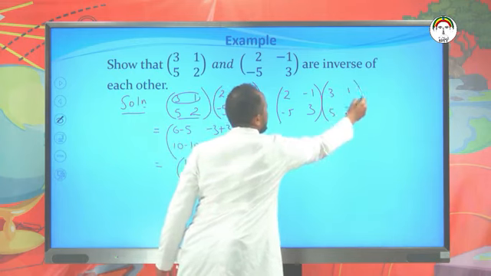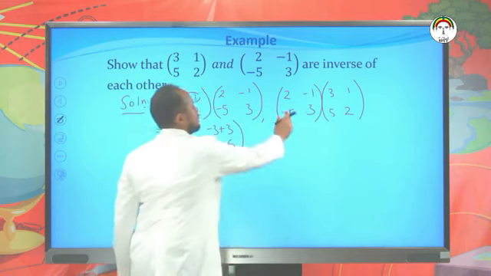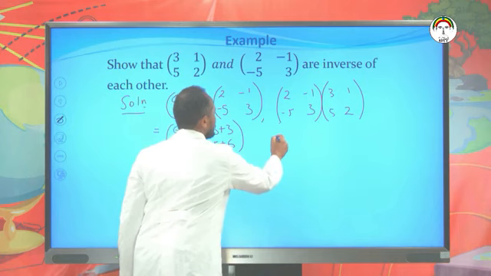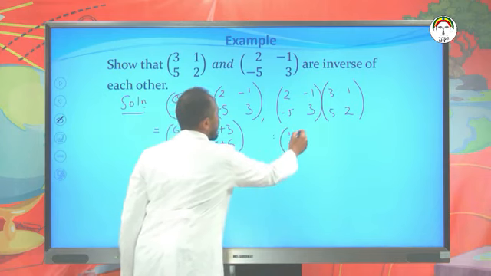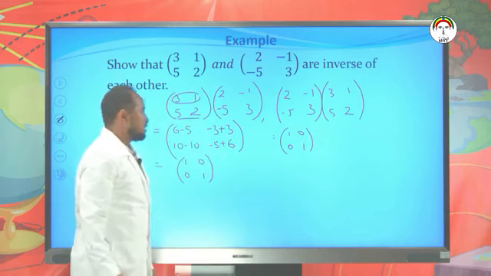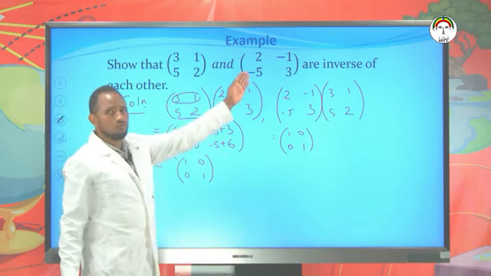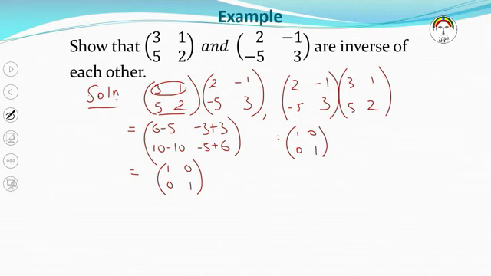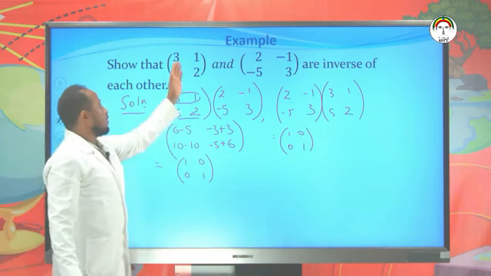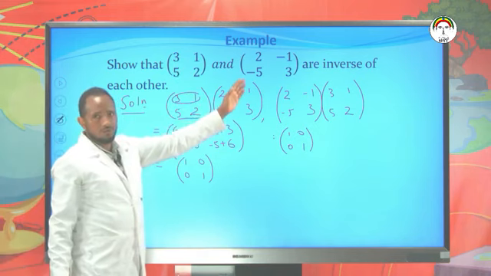When you multiply these two, you can check by yourself, you get the same result, 1 0 0 1. Since the product of these two matrices in the given order, the first times the second or the second times the first, gives you the identity matrix, one of the matrices is the inverse of the other.